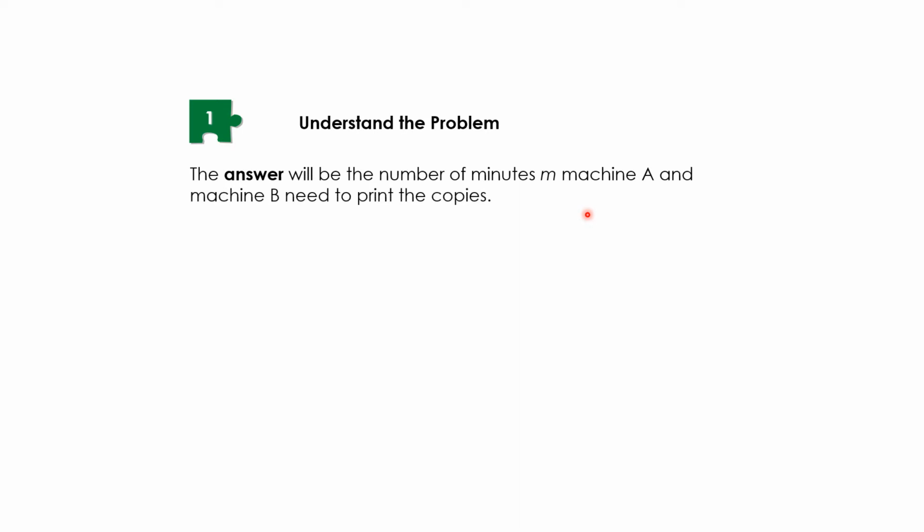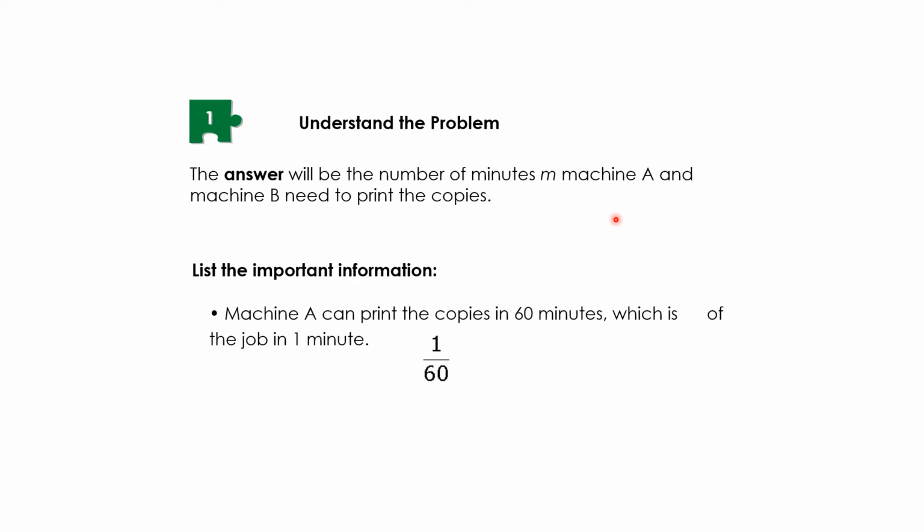Now, let's try to understand the problem. The answer will be the number of minutes, M, that machine A and machine B need to print. Remember that we have to list all the important information. Machine A can print the copies in 60 minutes, which is 1 over 60 of the job in 1 minute. So how many copies can machine A produce in 60 minutes?